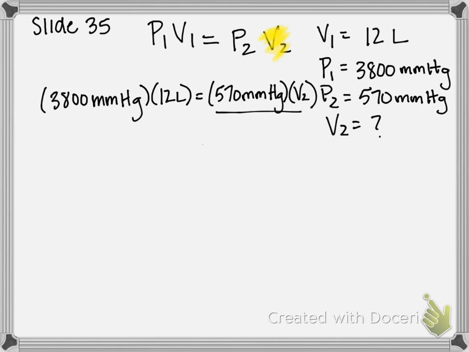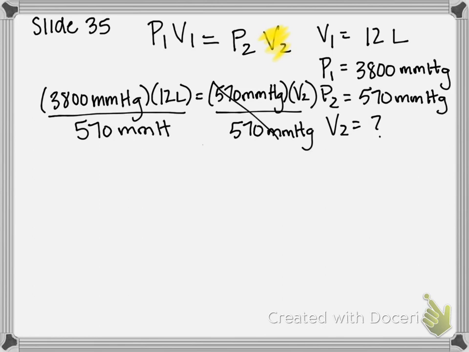So then we can divide both sides by our pressure, our P2, and those units are going to cancel. We'll be left in units of liters, and we get that our V2, plug that into my calculator, is equal to 80 liters. So that is your final answer for this question. Pretty straightforward calculation. Thanks for watching.